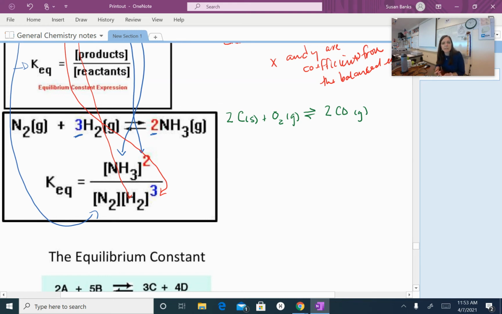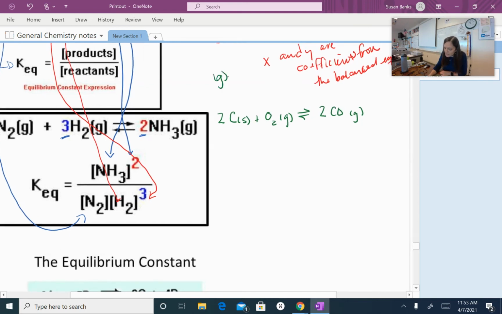I want you to take a minute and see if you can figure out how you would write this equilibrium expression. Remember, in equilibrium expressions, we can only add things that are in the gas state or in the aqueous state. Things that are in the solid state, we cannot add, or things that are in the liquid state, we cannot add because they cannot be expressed in terms of molarity. Okay, so take a minute, draw that equilibrium expression out or write it out.